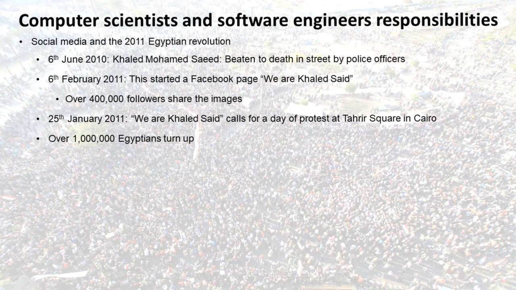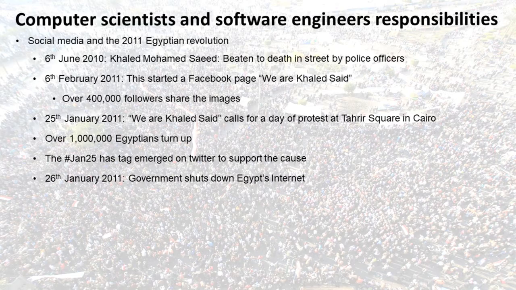On the 25th of January 2011, the Facebook page called for a day of protest at Tahrir Square in Cairo. Over 1 million Egyptians turned up to protest on this day. The hashtag #Jan25 emerged on Twitter to help support the cause.